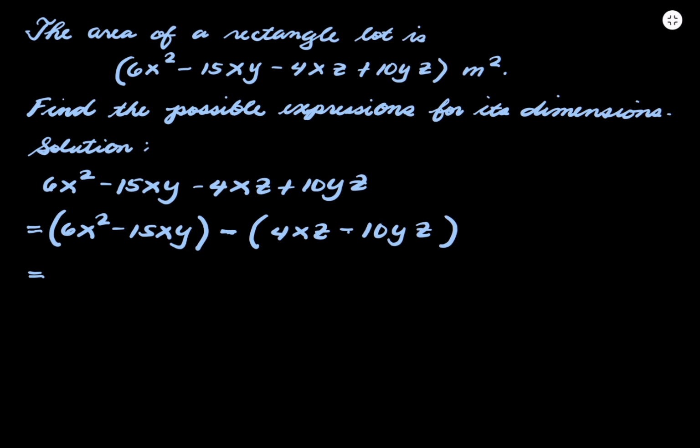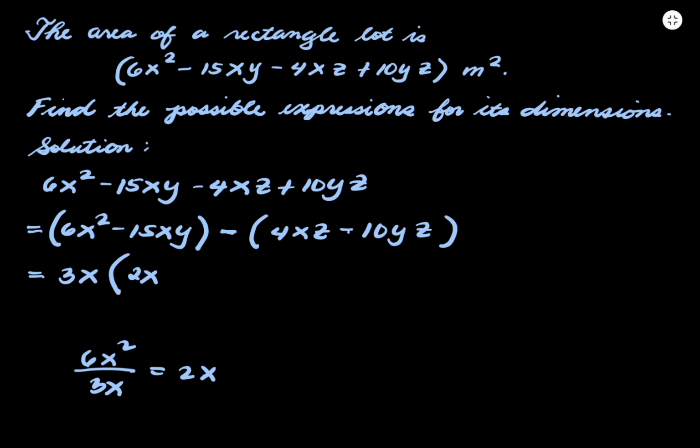Now, what is the common factor for these two terms, 6x² − 15xy? The greatest common factor is 3x. So we will divide each term by 3x. 6x² divided by 3x: 6 divided by 3 is 2, and then you can copy the variable and subtract the exponents, 2 minus 1 is 1, so 2x to the 1, or just 2x.